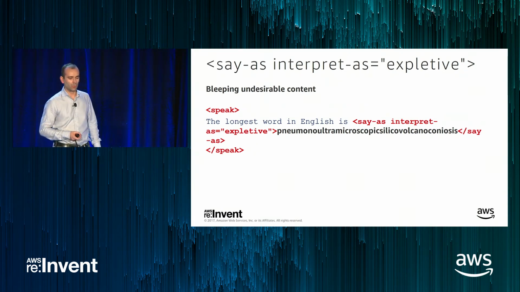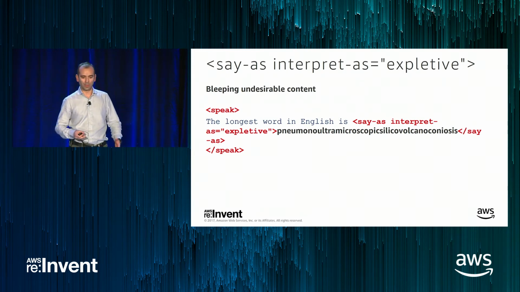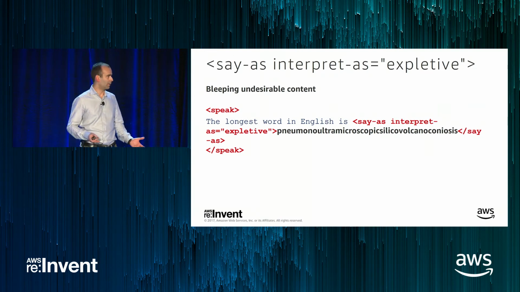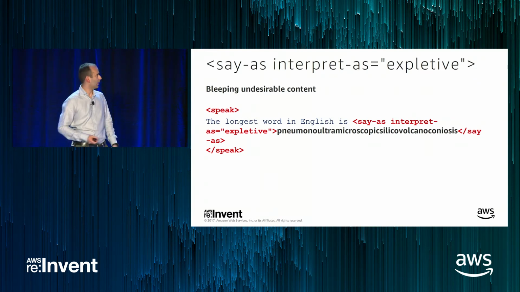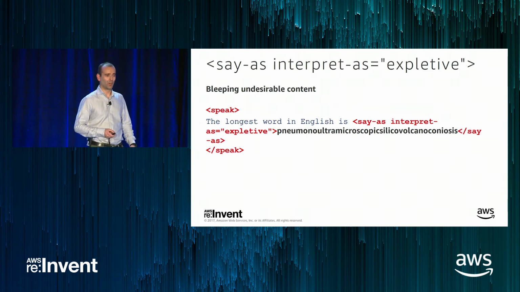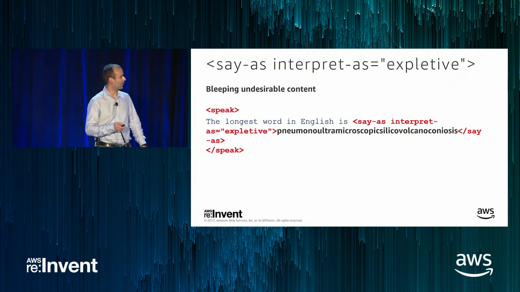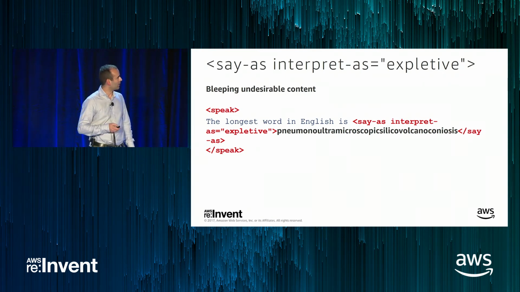It can be used to bleep words or phrases for certain audiences when certain content is not appropriate for whatever reason. I chose one of the longest words just to demo it more accurately. This is what it sounds like.